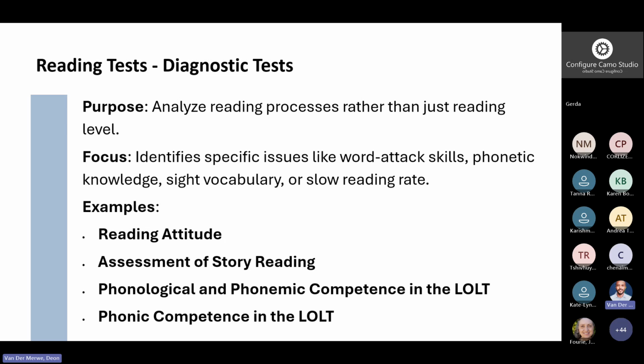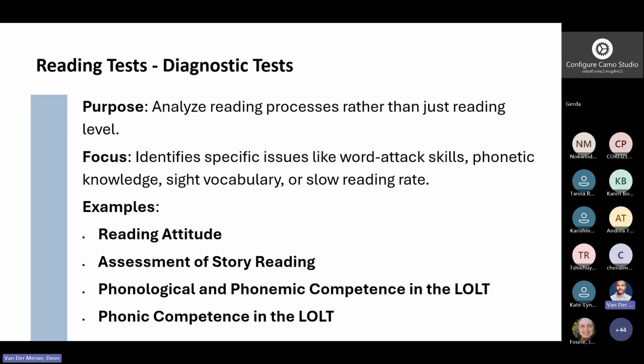And then we also have the diagnostic reading test that differs from a general reading test in that it analyzes the processes by which the child attempts to read. It also provides information on how the child reads, rather than simply indicating their reading level.